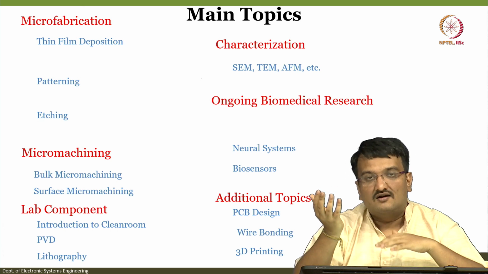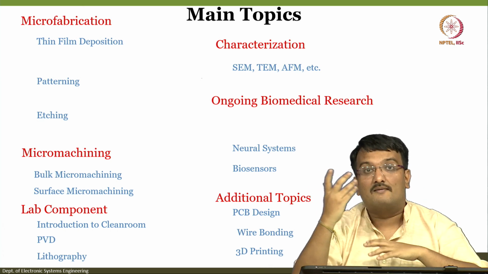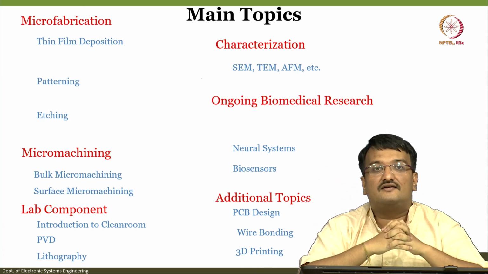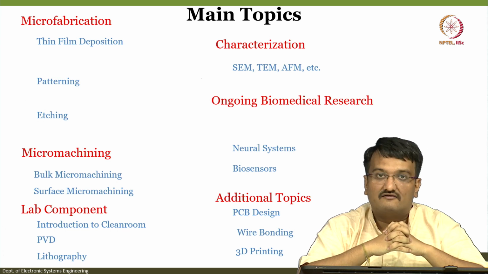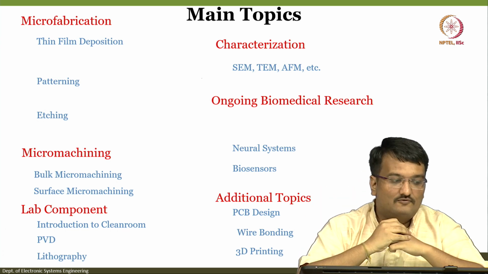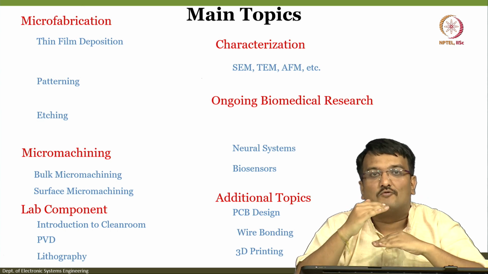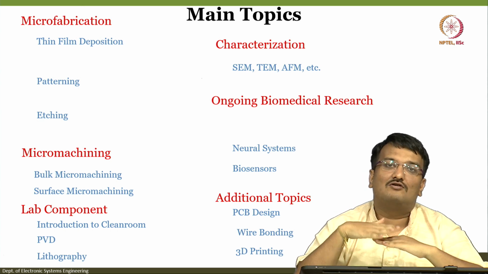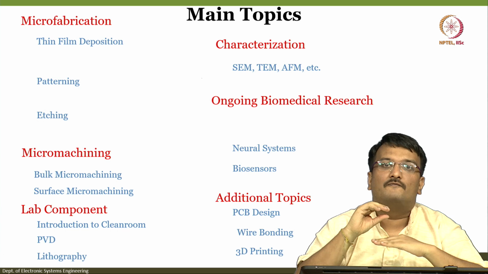It can be done in a physical way or in a chemical way as well. If it is done in a physical way, it is known as physical vapor deposition. If it is done in a chemical manner, it's called chemical vapor deposition. That is an additive process, which means you are adding a thin film layer on top of the substrate.